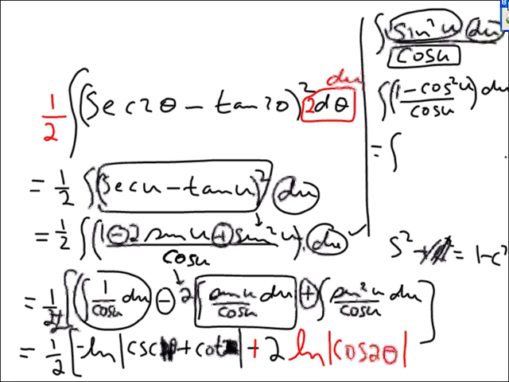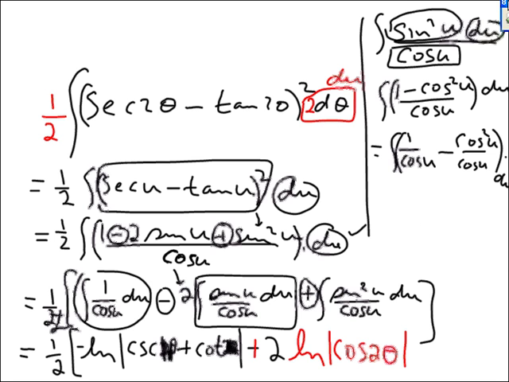So it's 1 over cosine u minus cosine squared u over cosine u times du. Ran out of room for that. But I can integrate these separately, and I can even clean them up.